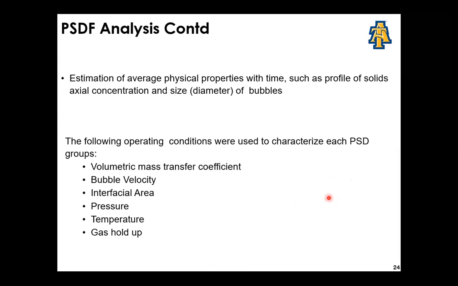After grouping our PSDF plots, I looked at the experimental and operating conditions corresponding to each group. These conditions were used to characterize each PSD group: conditions like bubble velocity, interfacial area, pressure, temperature, and gas holdup. These operating conditions give us an idea of how our flow regime map is going to be made, so we're trying to find out which two parameters we are going to use.